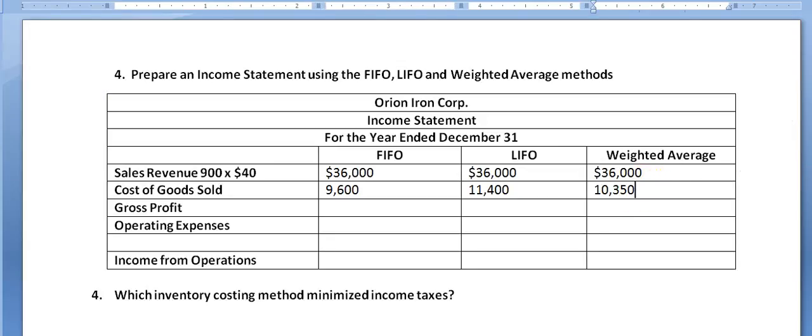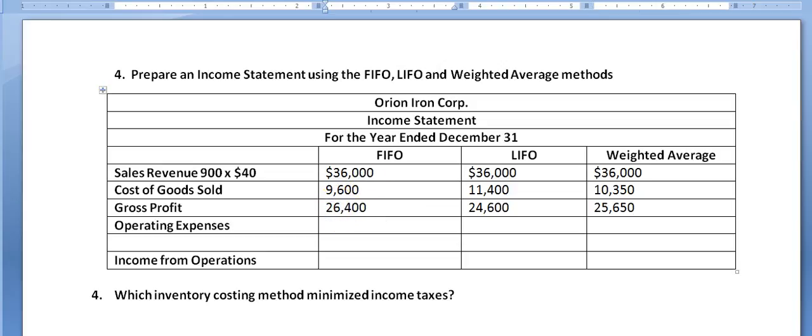So sales minus cost of goods sold gives us gross profit. With FIFO, the gross profit is 26,400. With LIFO, the gross profit is 24,600. And with weighted average, it's 25,650.